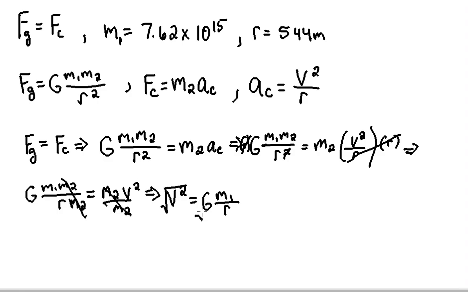This should look familiar from what we just saw last time. The escape velocity. So mathematically, we treat them as the same, but algebraically we came at them from different angles.